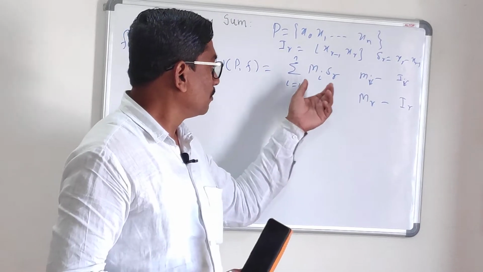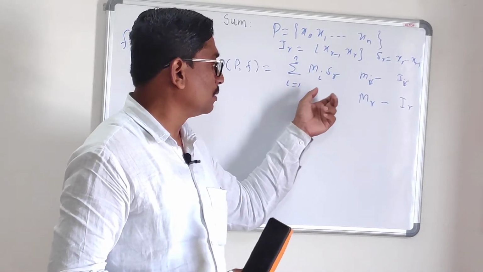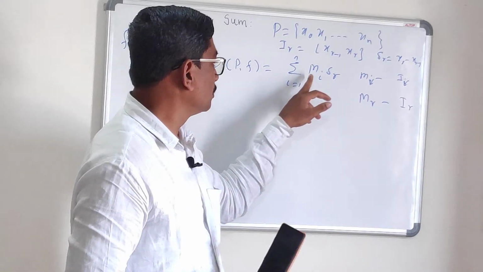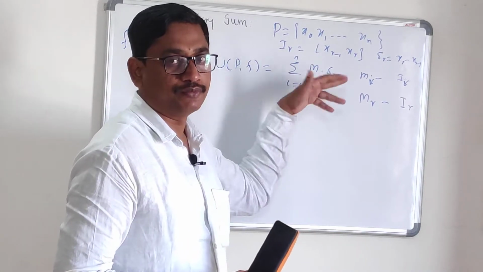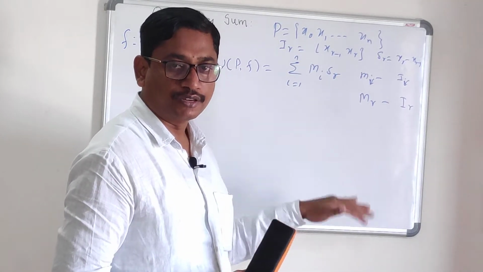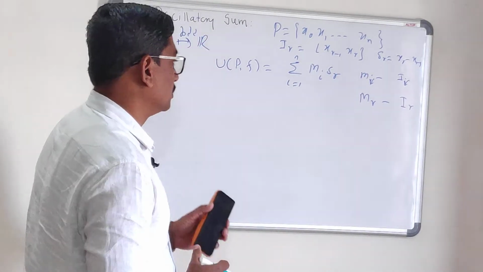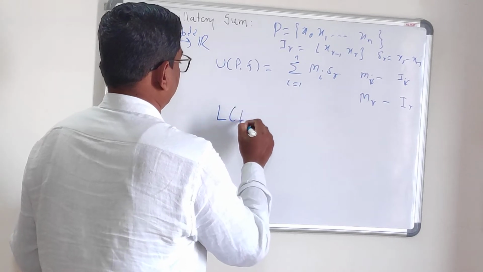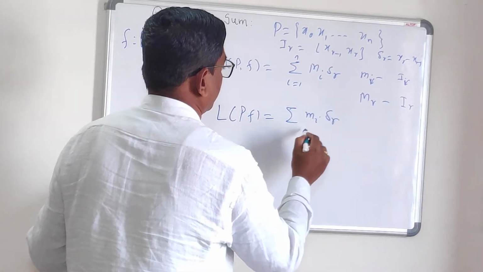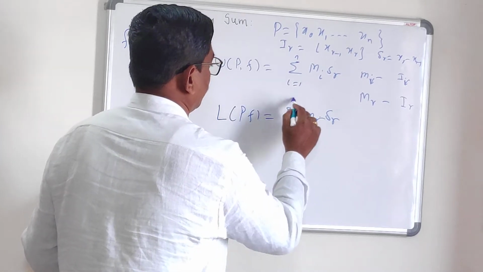And on each subinterval you just multiply this infimum and supremum by the length of the interval. So when you consider the supremum, it will become the upper sum, and when you consider the infimum, it will be the lower sum. So that is the sum of mr delta r from 1 to n.